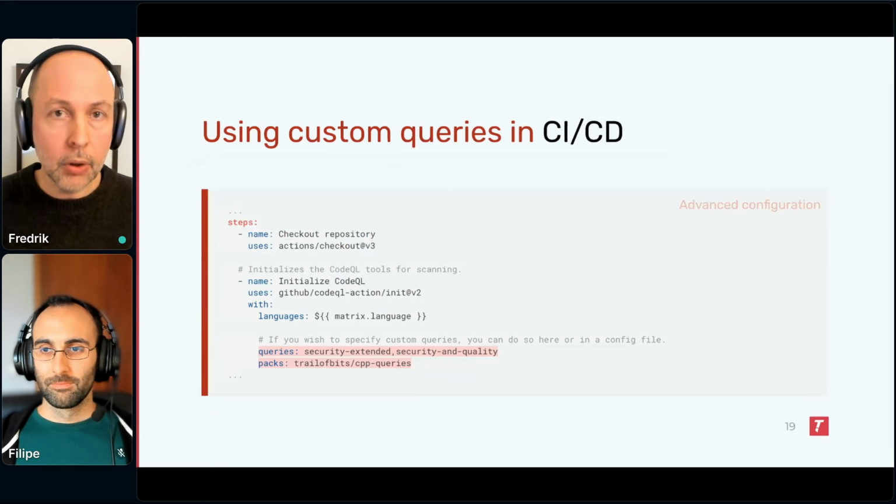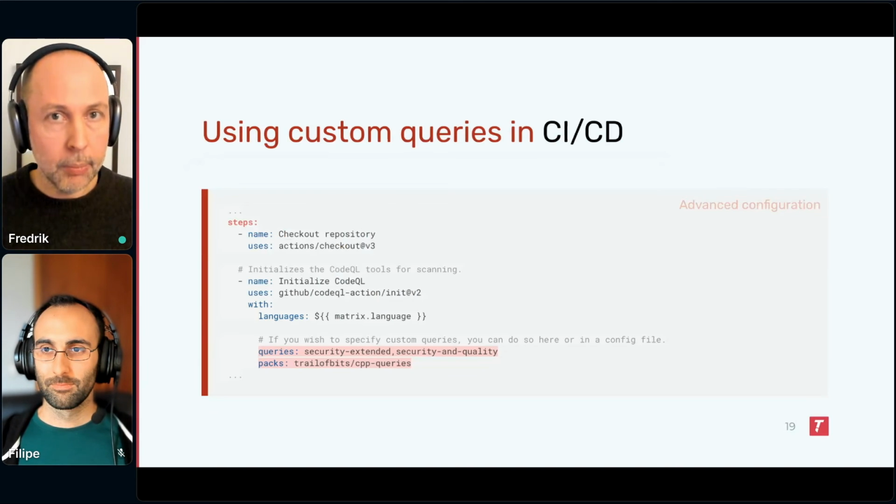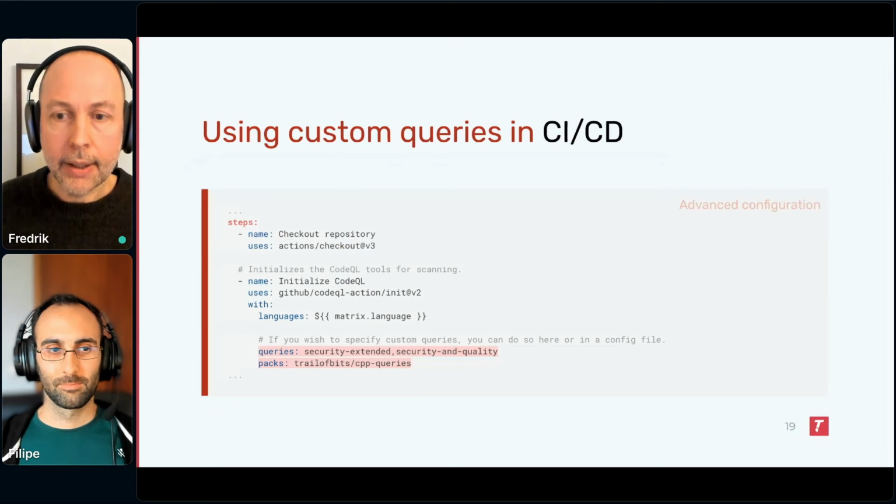That is super nice if you want to be more targeted. Here you can also add your own queries or query packs, like the Trail of Bits C++ queries or the Trail of Bits Go queries that we published.